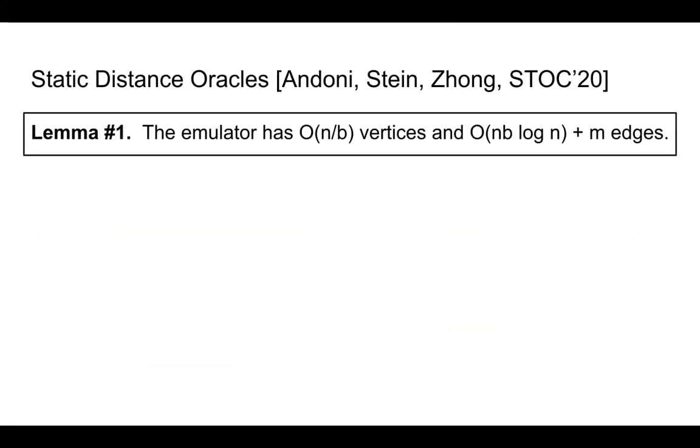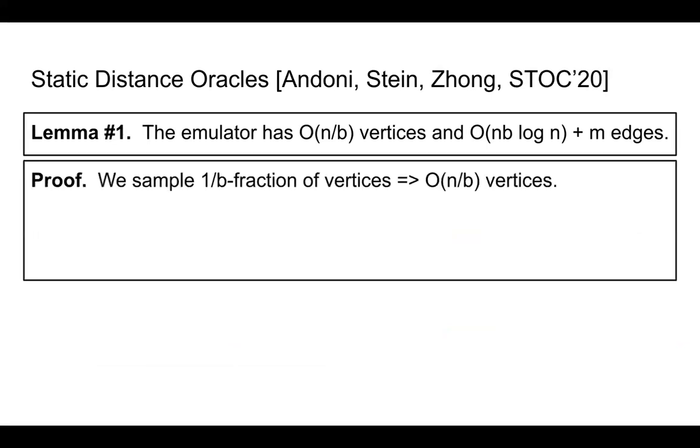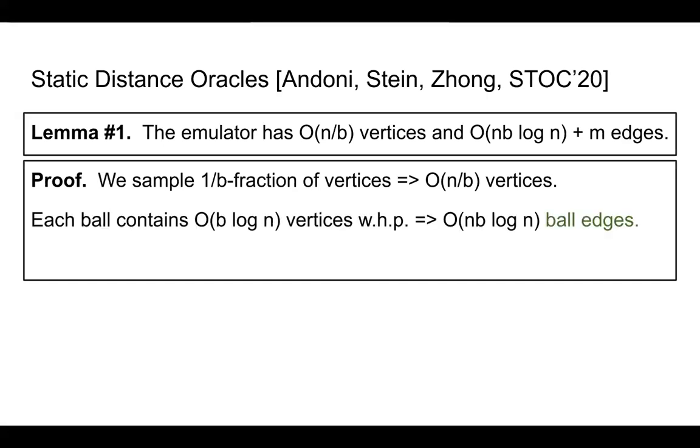It will have n/b vertices and roughly nb log n edges plus m edges, where m is the original number of edges in your graph. The proof is super straightforward. We sample a 1/b fraction of the vertices, so there have to be n/b vertices in the emulator. Then we analyze the ball edges.